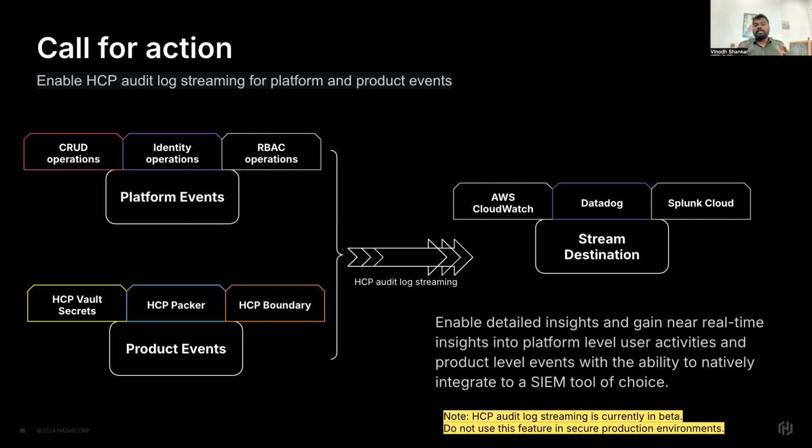Even taking this out of the scope of HCP, enabling audit log streaming and having a single pane view of what is happening in your platform and product is very, very important, so that you would be able to have better insight on the operational things that are happening in the overall platform and the system.